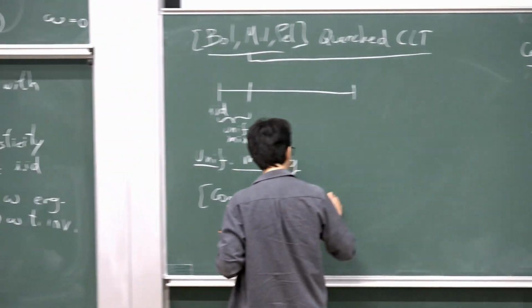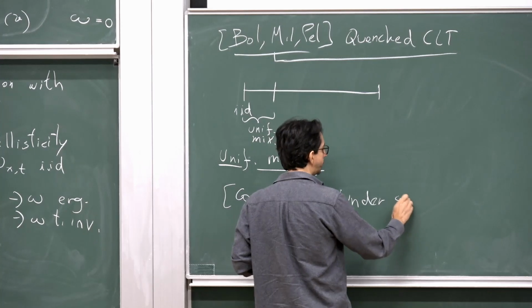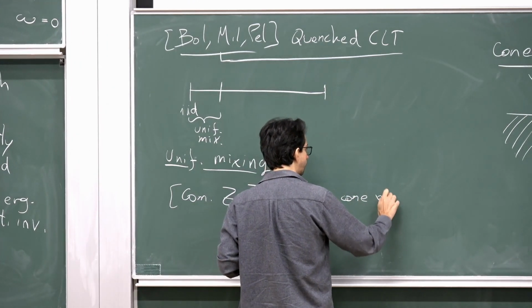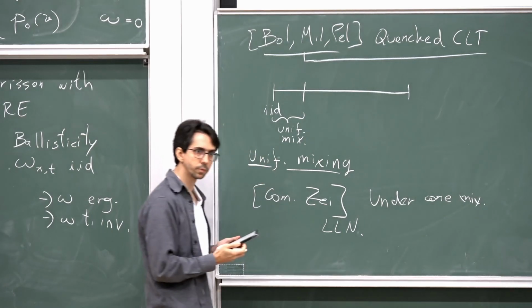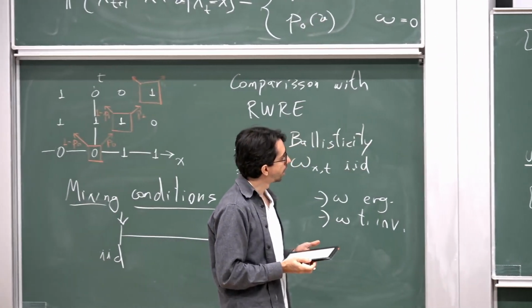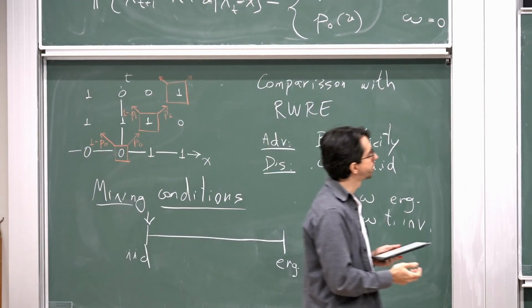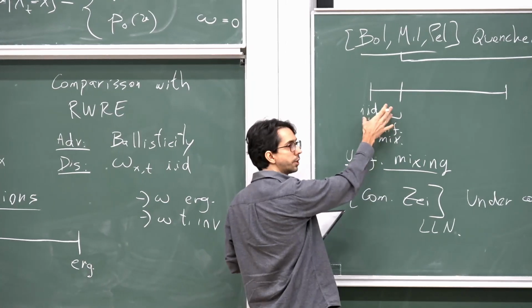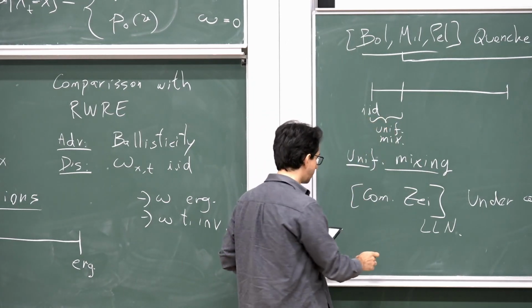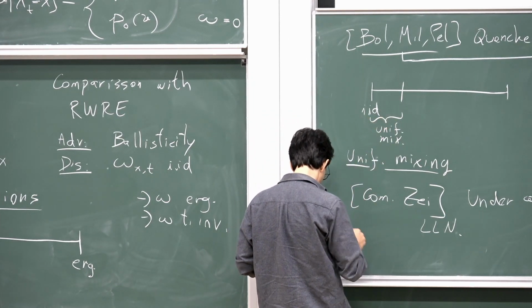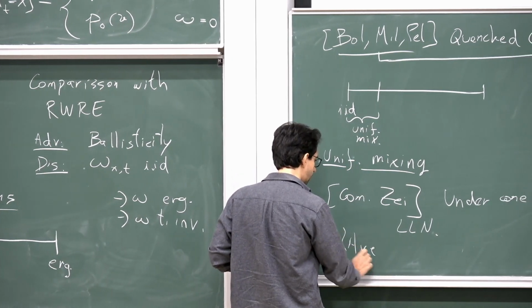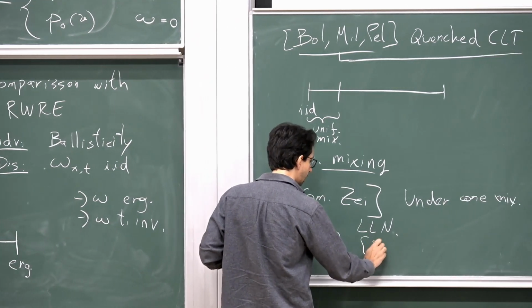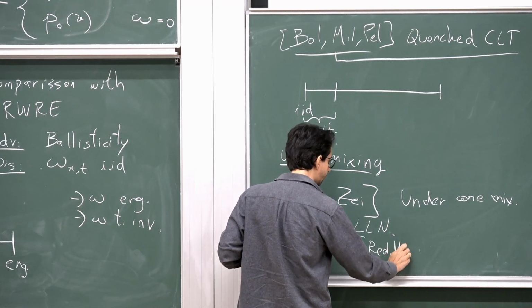And under the cone mixing condition, you have a law of large numbers. Much more has been studied since then in the uniform mixing context by, okay, there are many people, Avena, Redig, and Hollander.